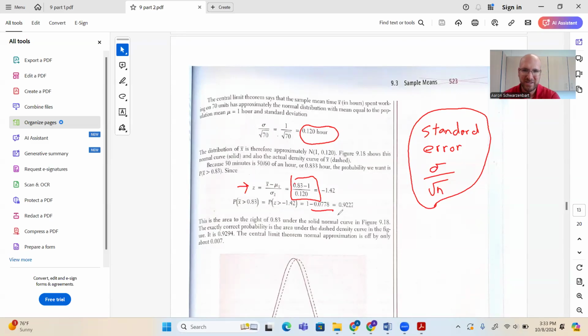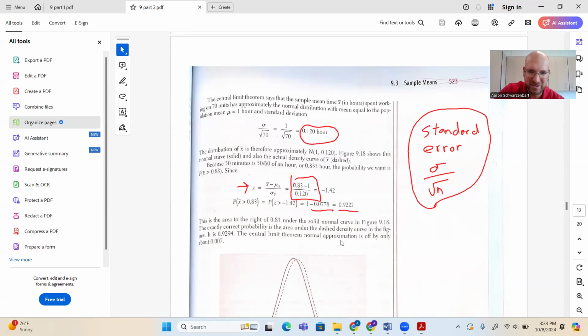So if I'm doing a sample of 70, 1 minus the 0.078 that's looked up in the z table is 92%. That is the area to the right of 0.83 under the solid normal curve. There's the exact probability. It is 0.9294. I think that's looked up with a calculator.